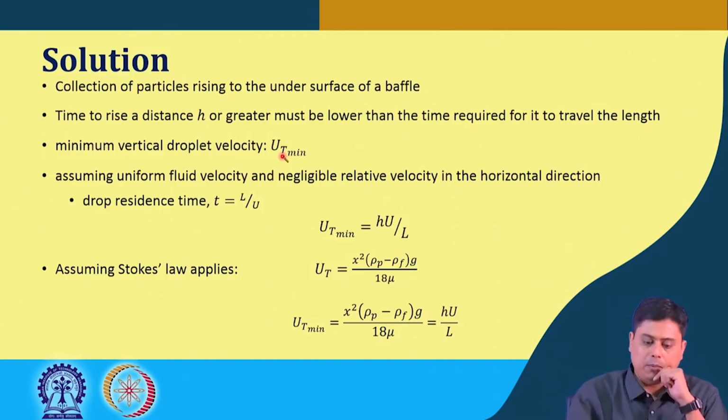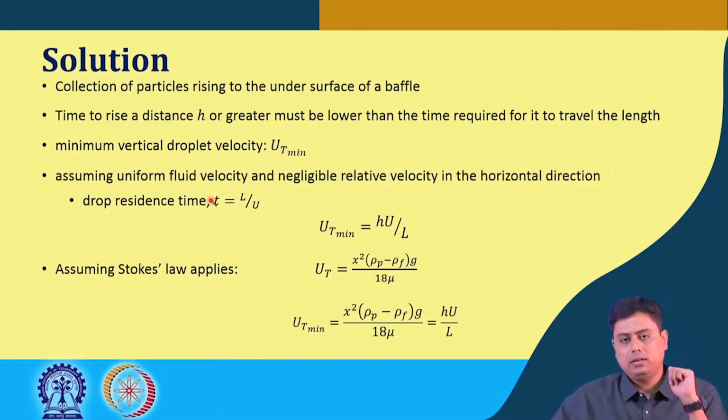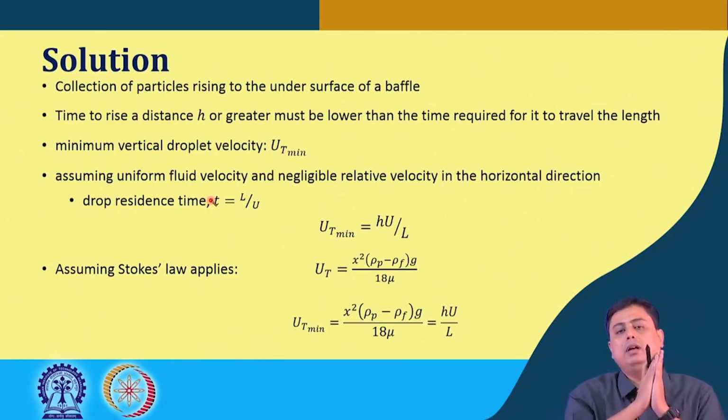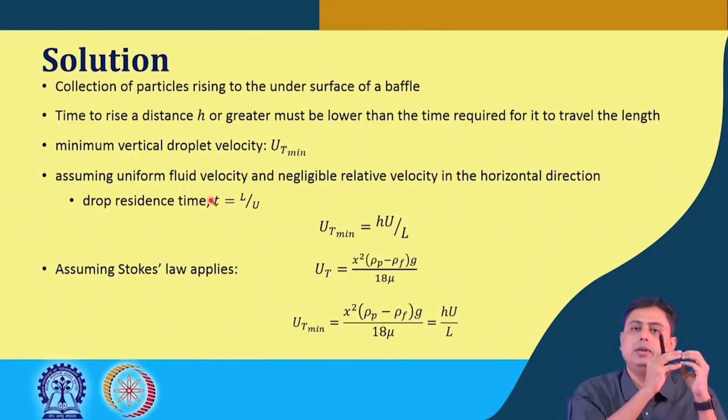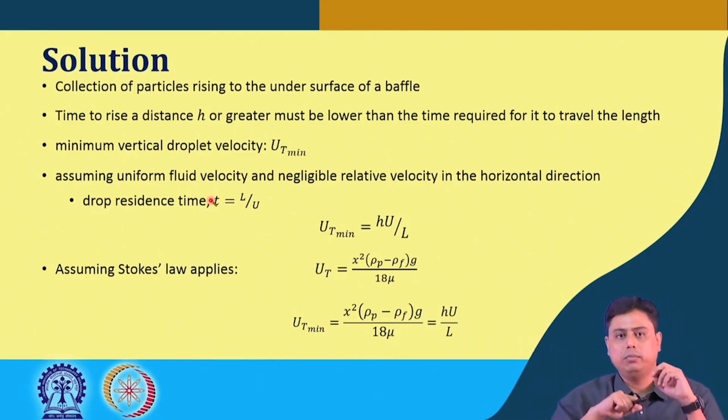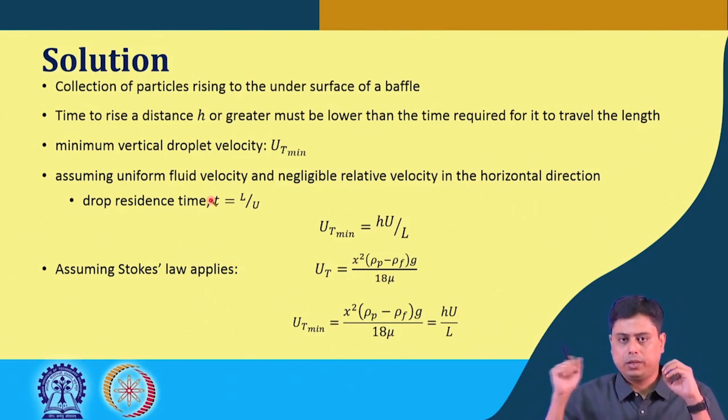Then the point is that we know the fluid velocity, and we have assumed that there is uniform fluid velocity and negligible relative velocity in the horizontal direction. So, which means the droplet is flowing with the fluid particle, here the water.